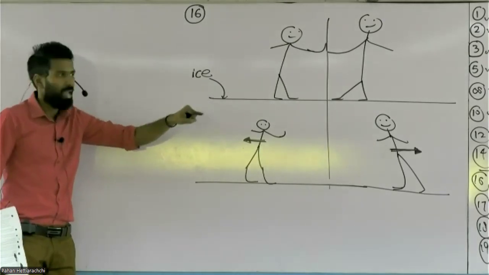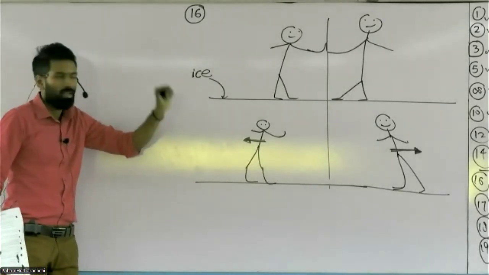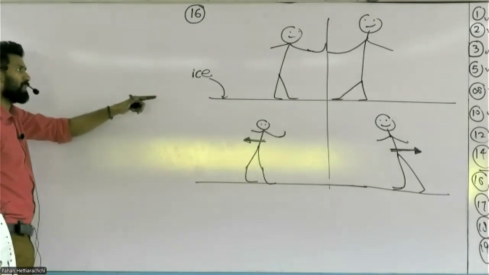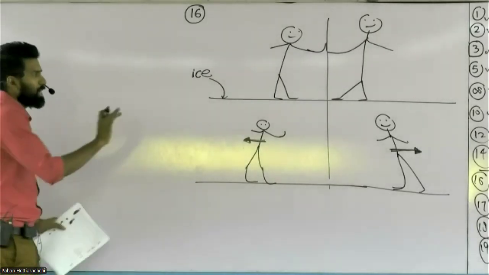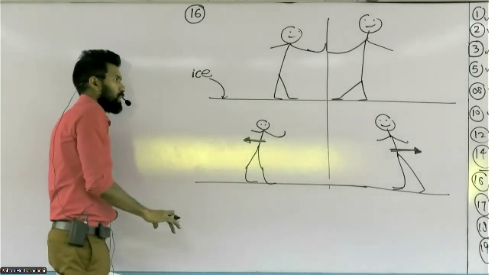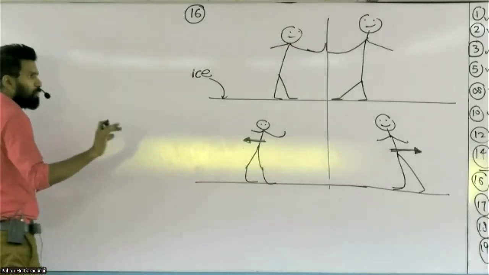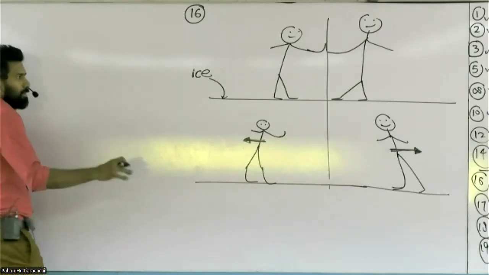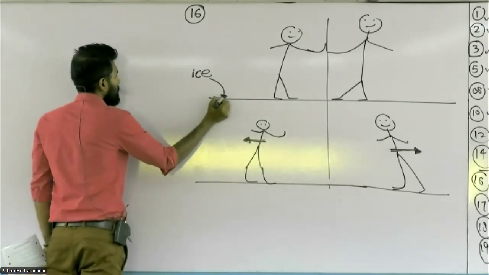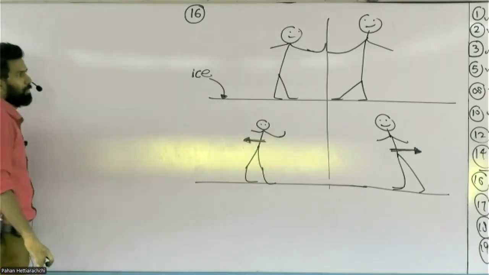Friction will be an external force, creating a situation where you can't apply LMC. To apply LMC, linear momentum conservation, there should be no external forces in the considered direction. For that, they have given you an ice surface, so negligible friction.